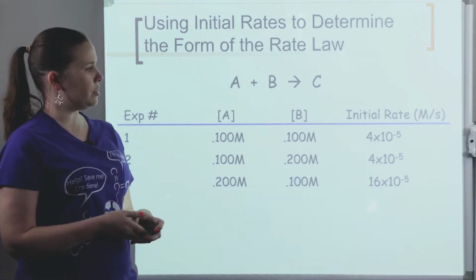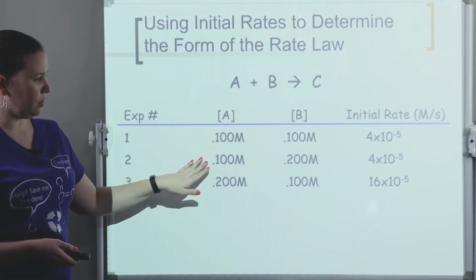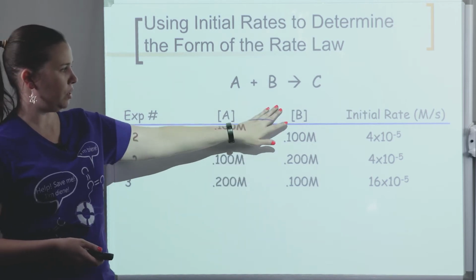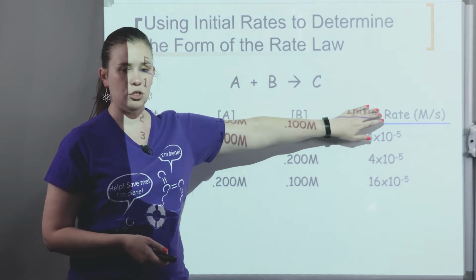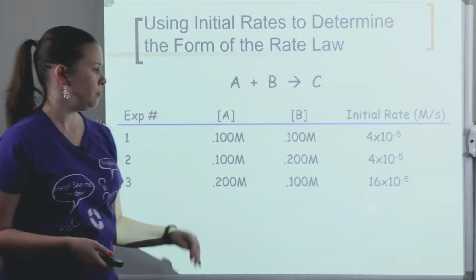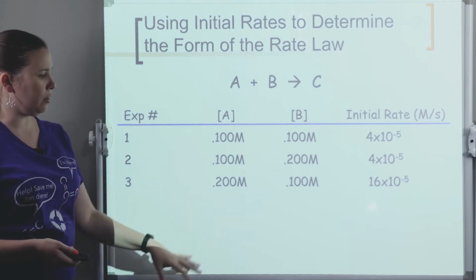So the data table would look something like this, where you have A's concentration given in one column, B's concentration given in the second column, and then the experimentally determined rates in the next column. You're always going to have a first column to number the trials too, so they're easier to keep track of.